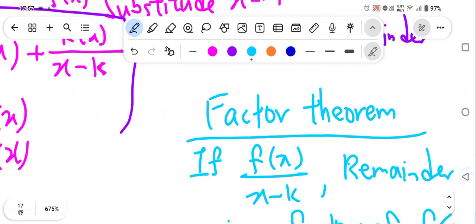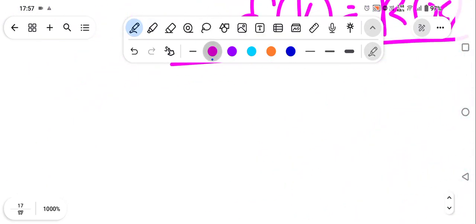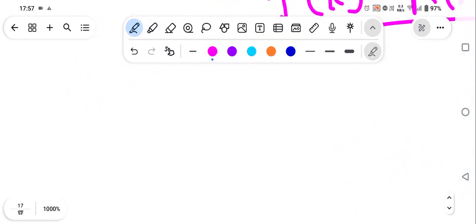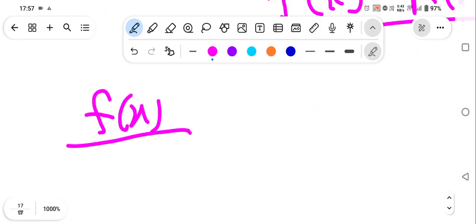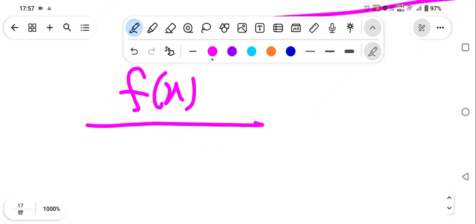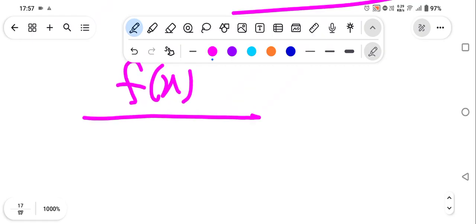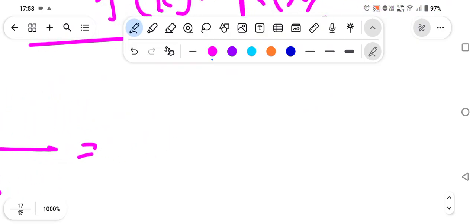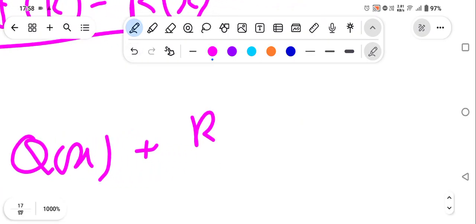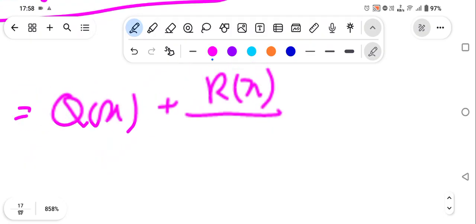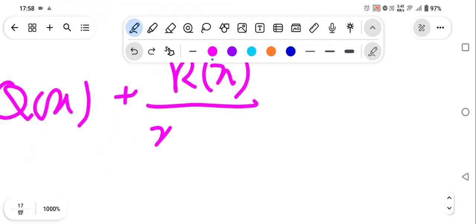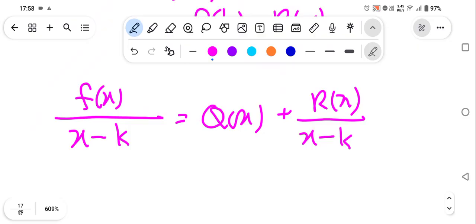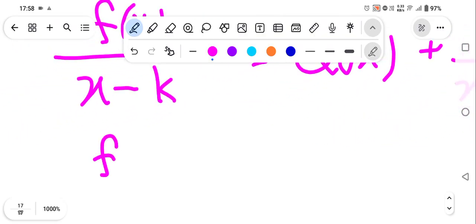Let's discover. Now let's say we have the same thing. We have f(x) divided by some x minus k, and this will equal some quotient plus the remainder. Now we're going to multiply both sides by x minus k.